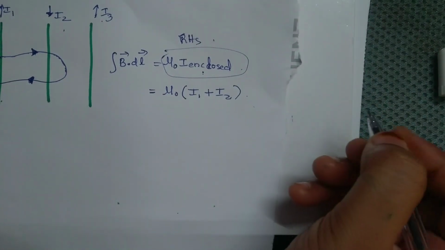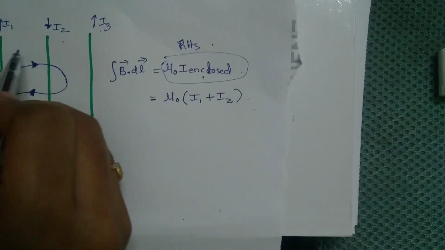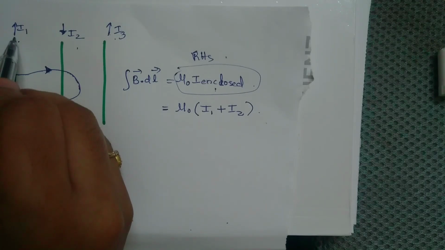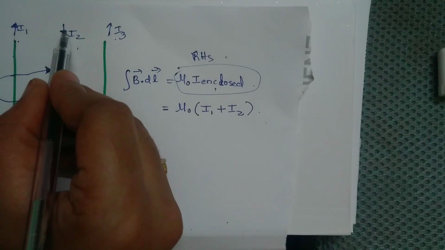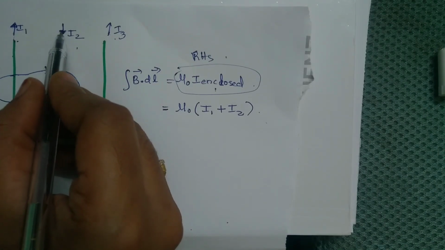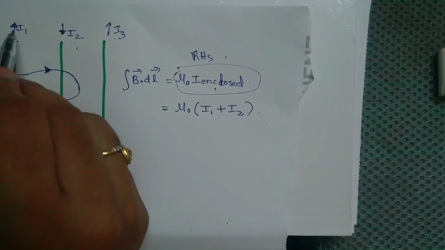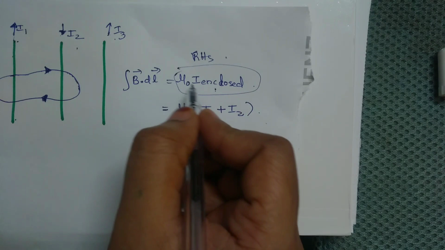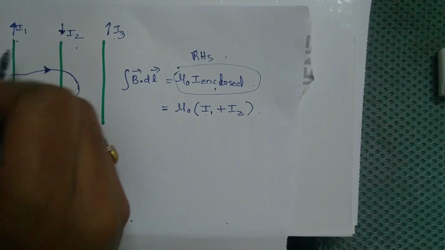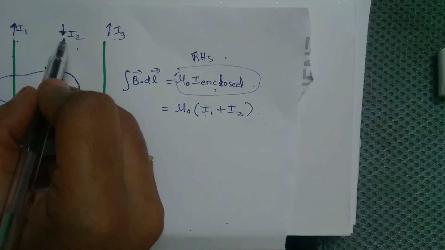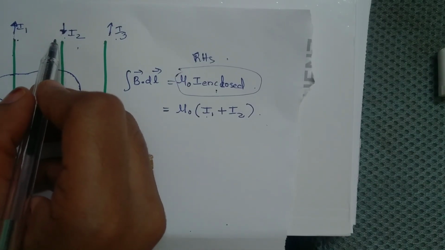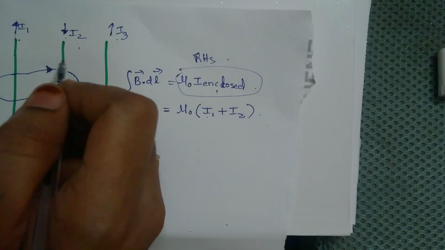Now the question arises: the current I1 is moving out of the wire, whereas I2 is entering into the conductor. So will both entering and leaving have the positive sign? No. In order to understand the sign of I1 and I2, you have to use the right hand thumb rule.